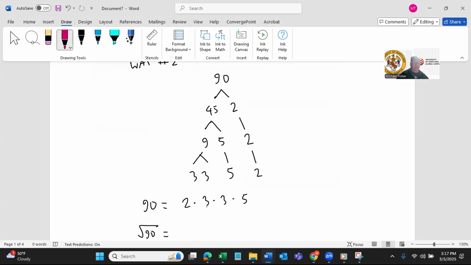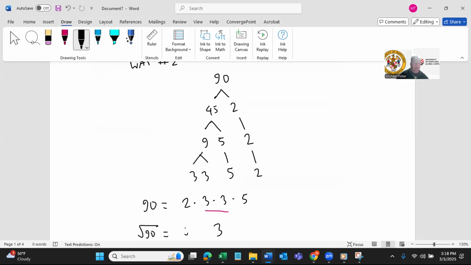So, for example, there's two 3s, so we'll meld those into 1 3. Now, if we had two 2s or even two 5s, we can meld them together as 1 2 and 1 5 respectively. But we don't have that. So we put them under a radical.